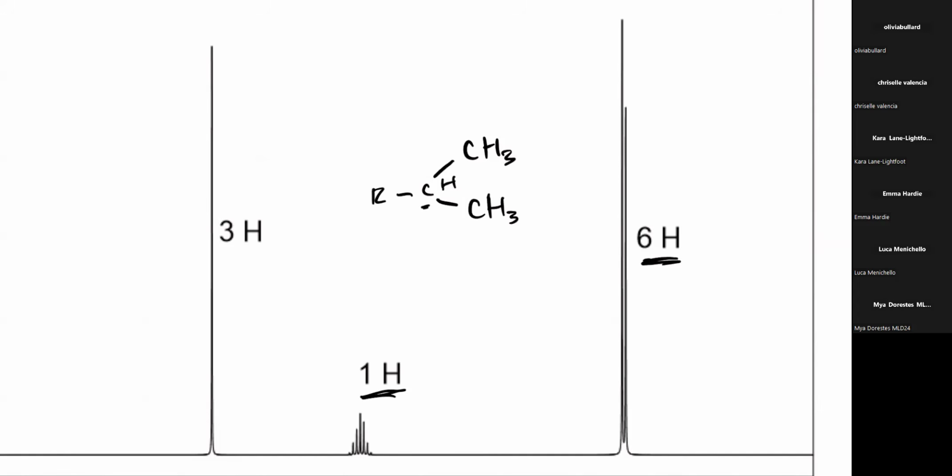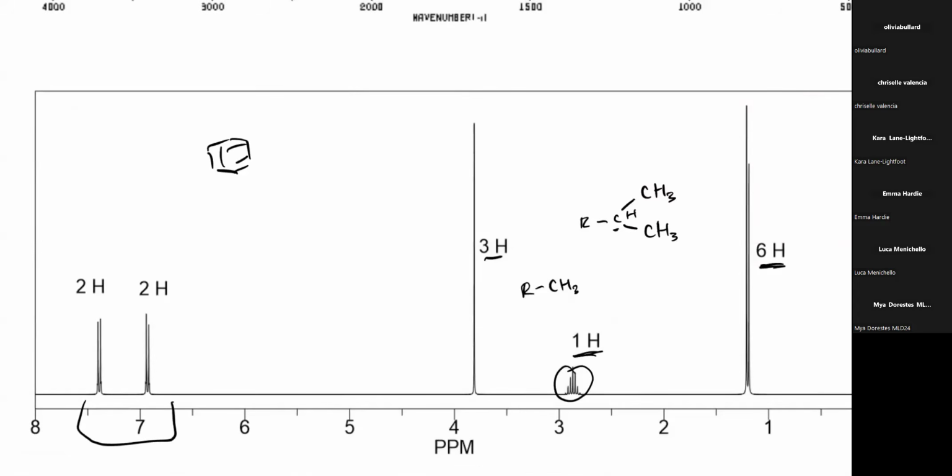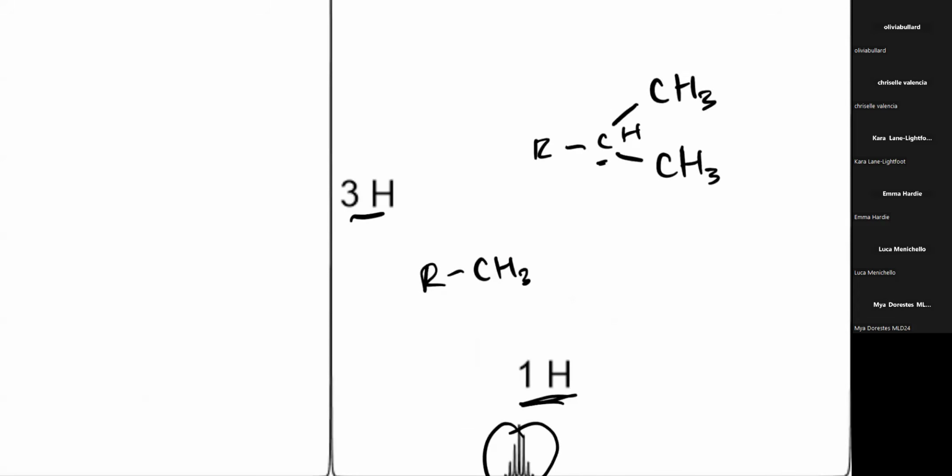Yeah, he has at least 6 neighbors. That would explain all of this splitting, right? So that seems like a viable fragment to me. And then I have this. So this is a CH3 with no neighbors. But something does kind of stand out. It's really far downfield. I mean, this is almost 4. So potentially, maybe this is an oxygen.